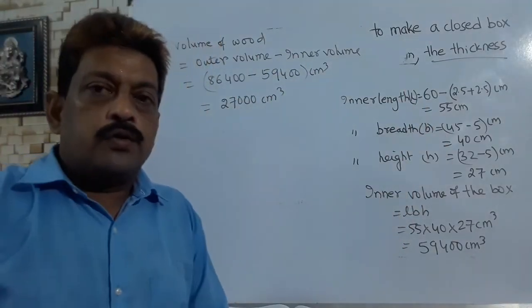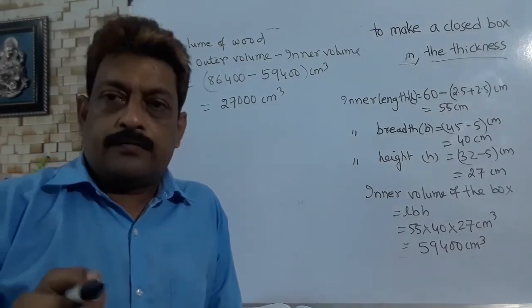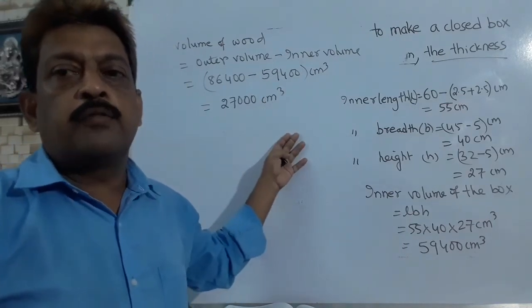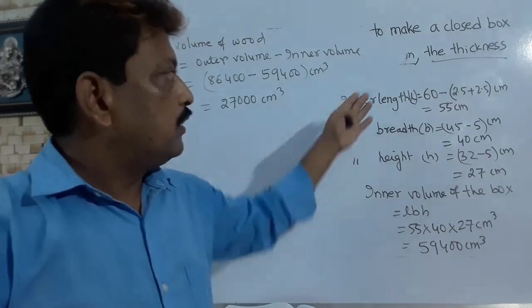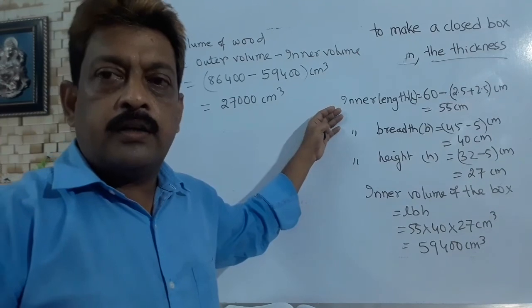Understood? So this sum is a little bit bigger, lengthy, but it is not so hard because it is based on the simple formula of volume of cuboid. Only the thing we have to keep in mind is that we have to calculate the inner length, inner breadth and inner height.